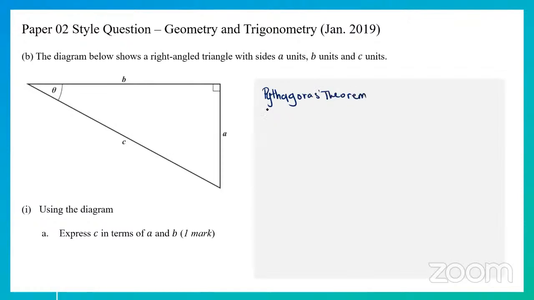Where the hypotenuse, I'm going to literally write hypotenuse squared. So the length of the hypotenuse squared is equal to the length of your two sides, whatever the names of the sides are.